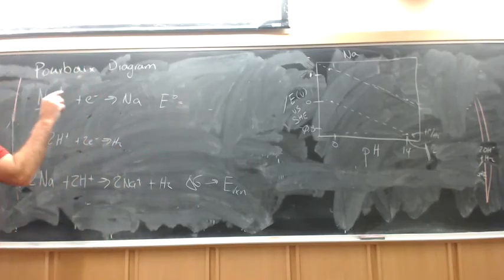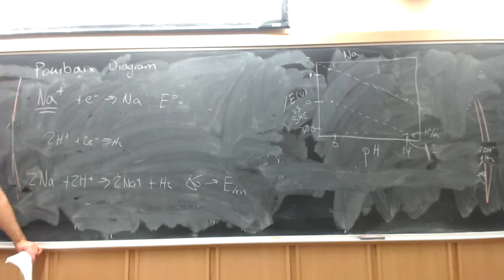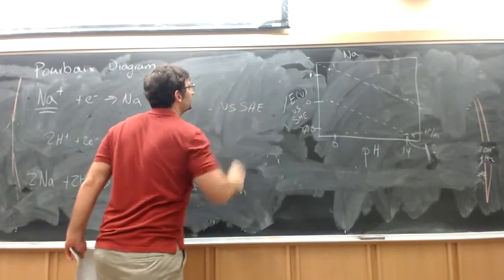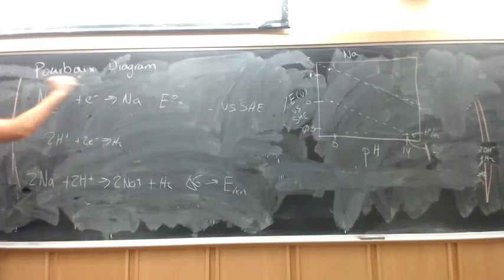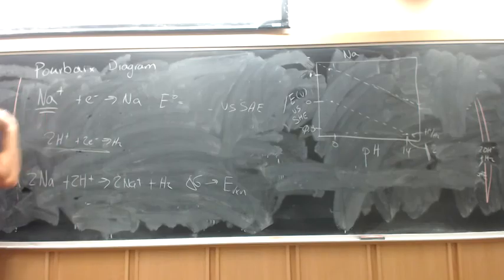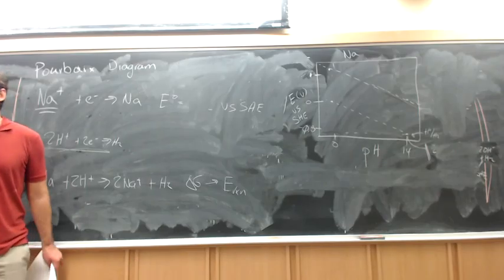And remember, the E naught is really telling us the driving force for the reaction when you couple it to a standard reference half reaction. So this is going to be E naught versus SHE. If I'm coupling this reaction to SHE, I'm actually taking the electrons from hydrogen to make sodium, driving this reaction backwards, that's pretty not spontaneous.